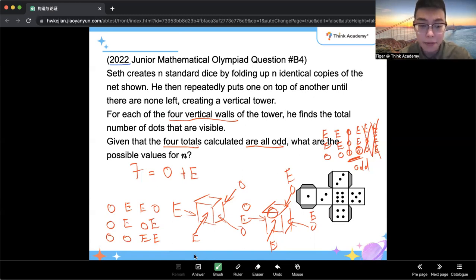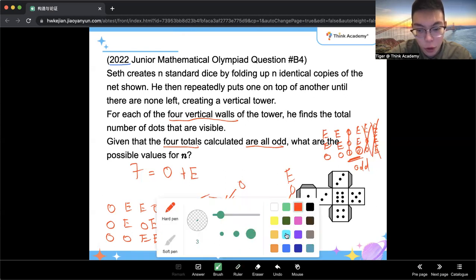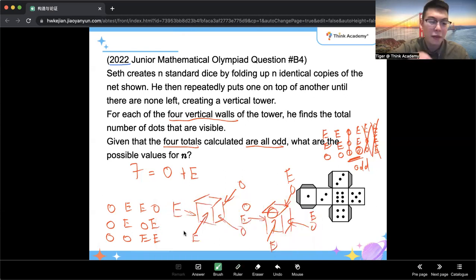Technically speaking, we can. But in reality, is that possible? Nope. Because the odd cannot be opposite to odd.